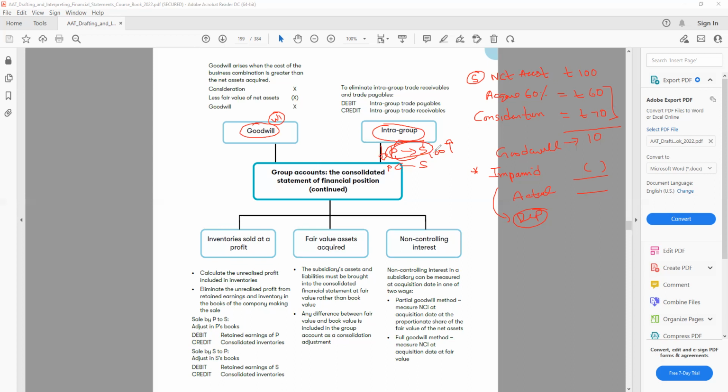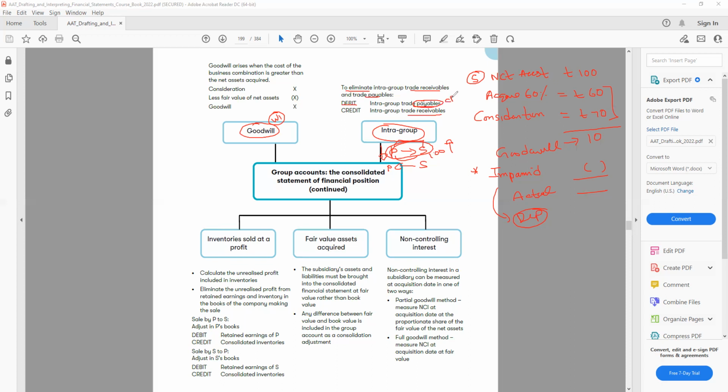For example, if there is a trade receivable with the parent and the trade payable with the subsidiary, we do the opposite journal so that we offset each other. So for example, to eliminate trade receivables and trade payables, we debit the trade payable and credit the trade receivables. Normally, the trade payable is a liability.